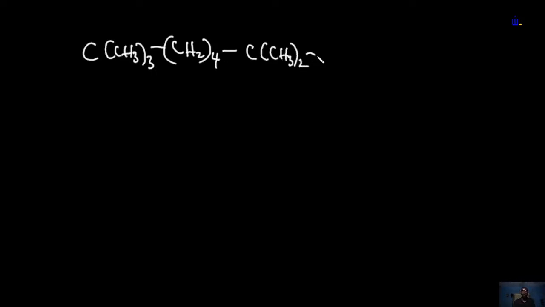Imagine I have this condensed structure: C bracket CH3 into 3, CH2 into 4, C bracket CH3 into 2, CH2 into 2, then C bracket CH and then CH3 into 2.